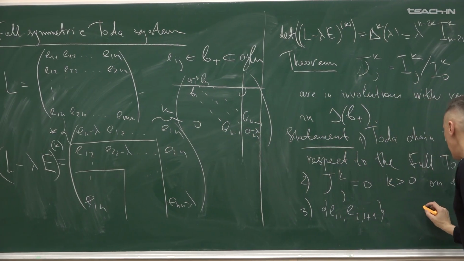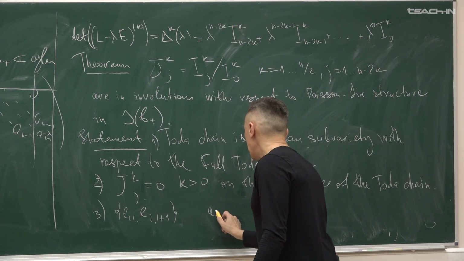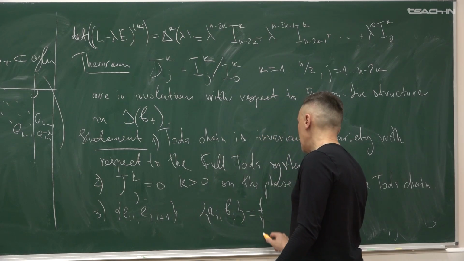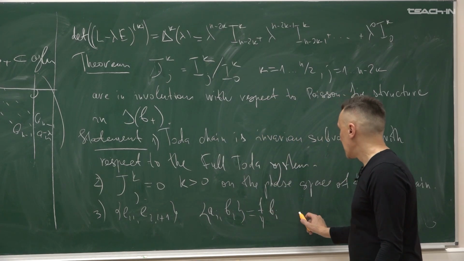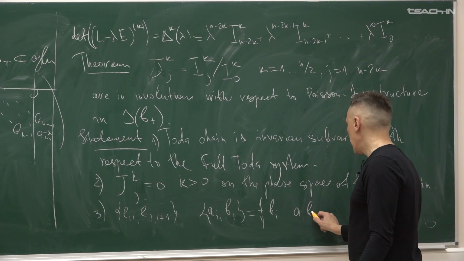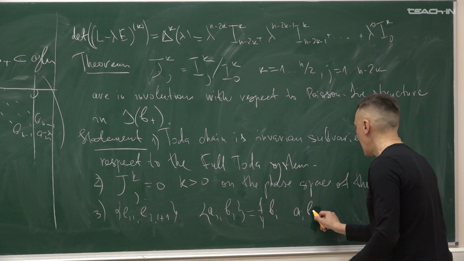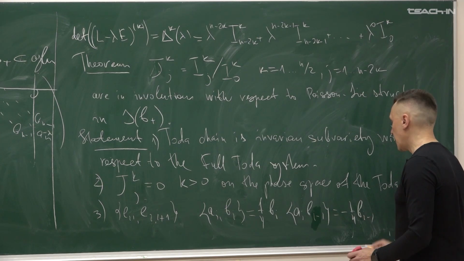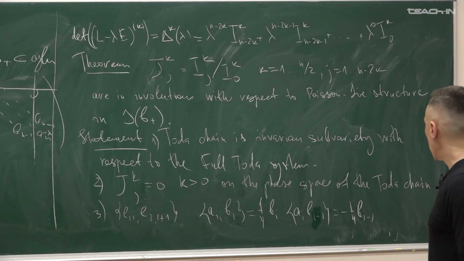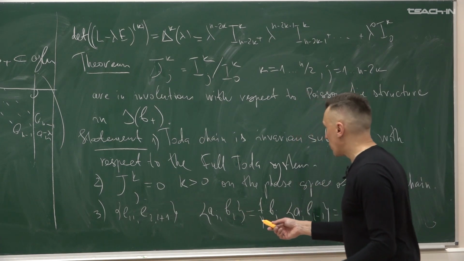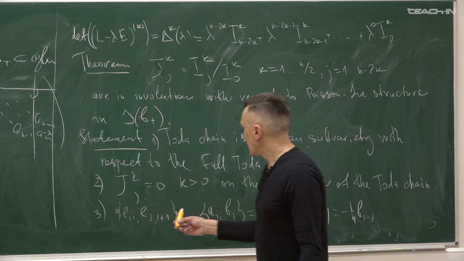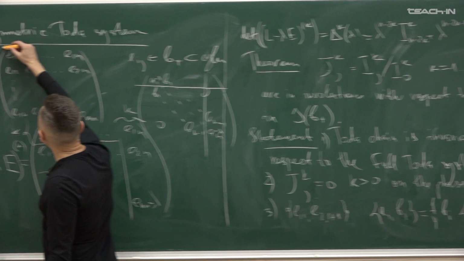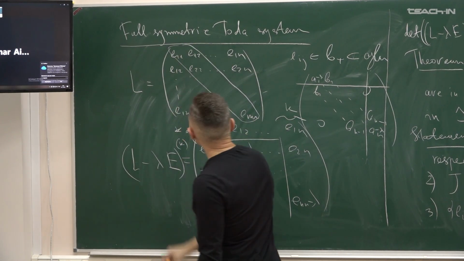It is something like this: {a_i, b_i} = a_i, and {a_i, b_{i-1}} = -1/4 b_{i-1}, something like this. So the same Poisson brackets are realized on the subspace of these generators of b plus.